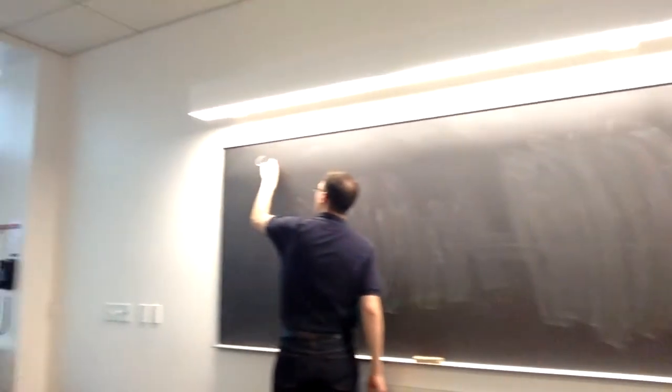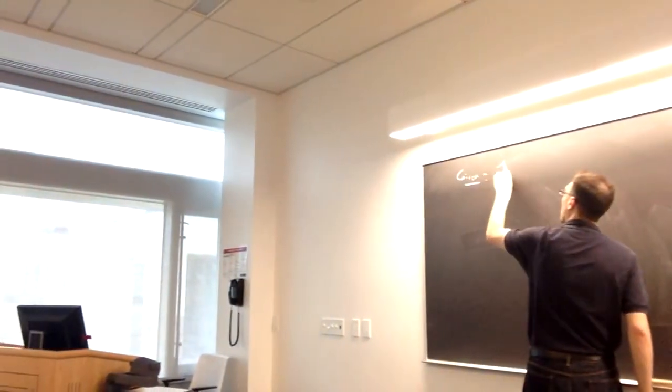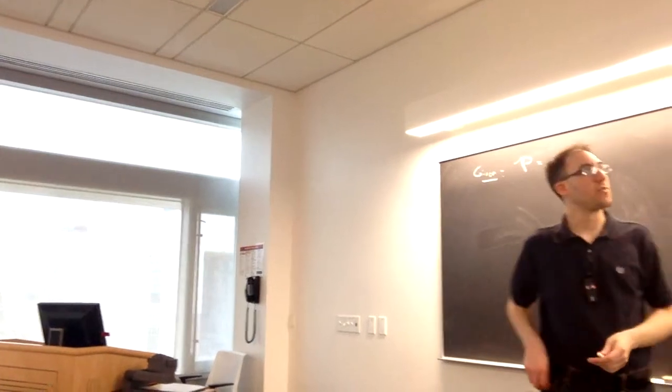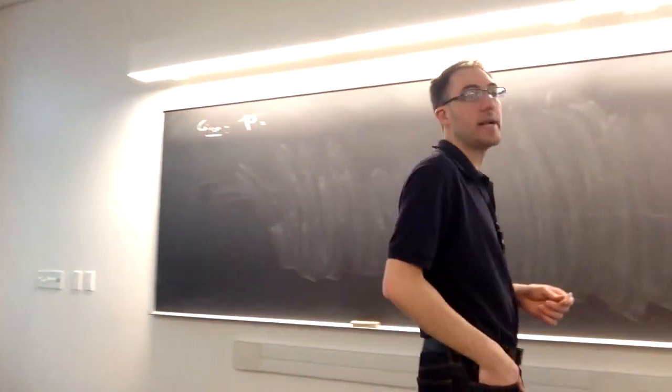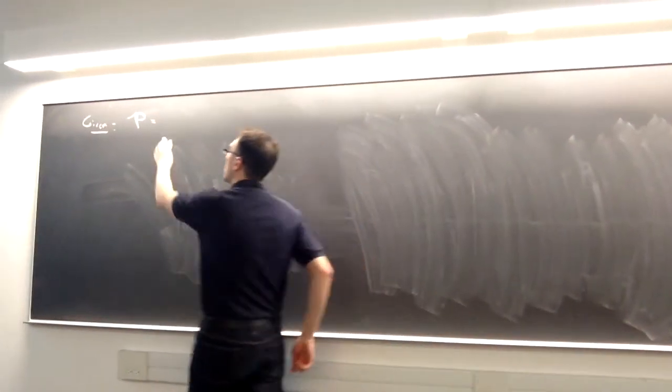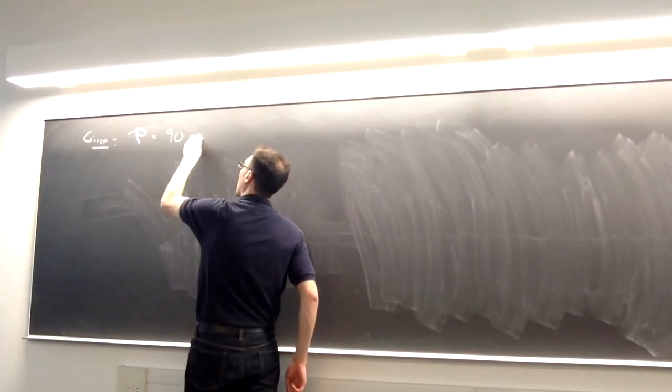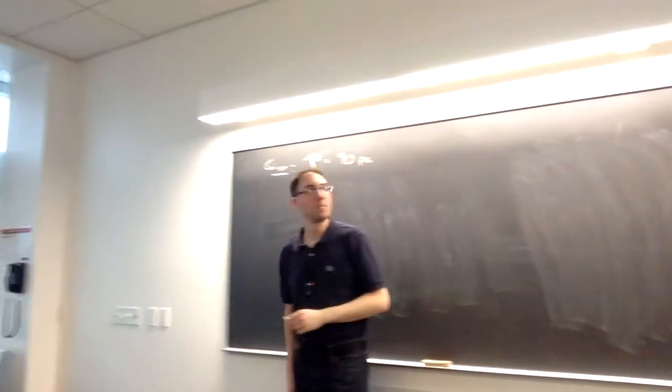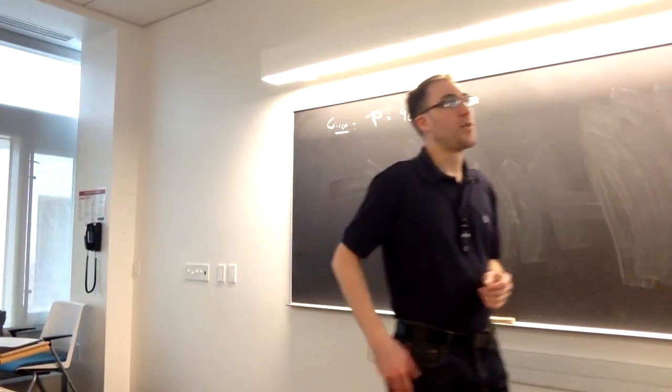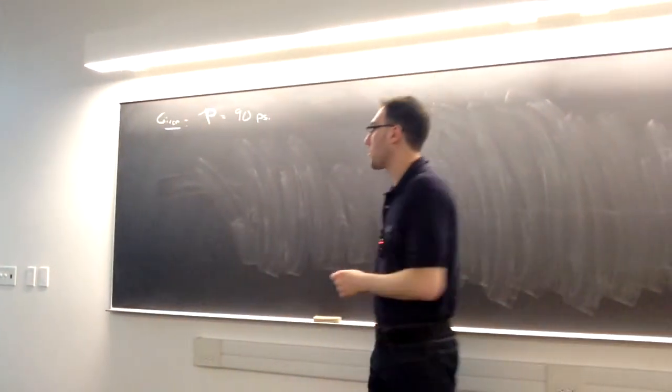Given that internal pressure, pressurized to 90 psi, the wall thickness is 0.25 inches, a quarter inch.